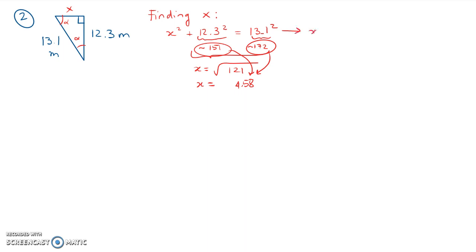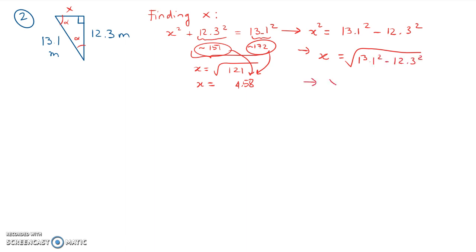We say then that x squared has to be, I'm going to subtract 12.3 squared on both sides, 13.1 squared minus 12.3 squared. That's the value for x squared, but actually I want to find x, so I need to find the square root of this. So the square root of 13.1 squared minus 12.3 squared.